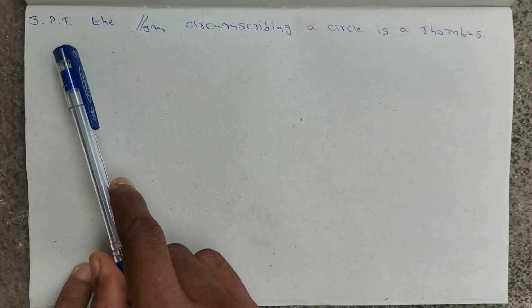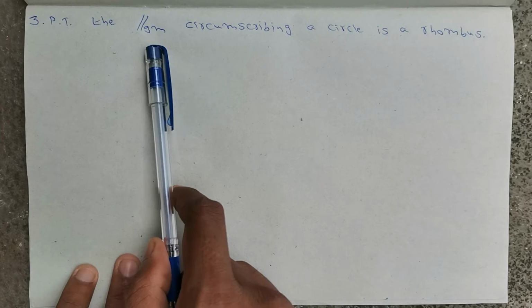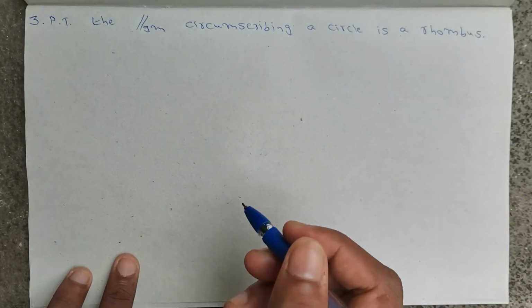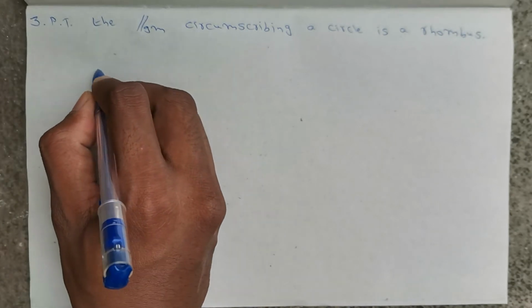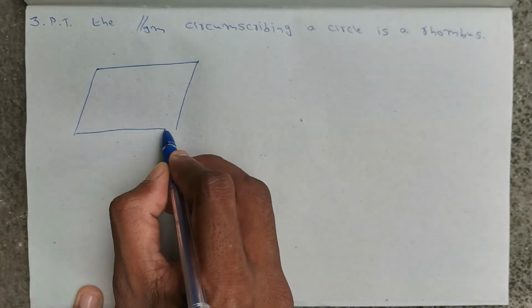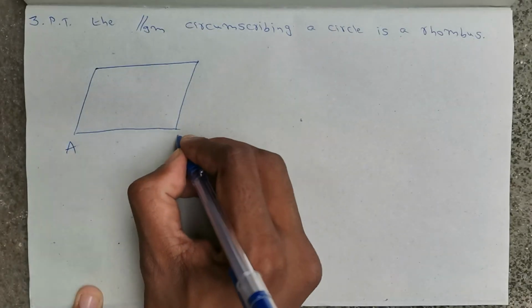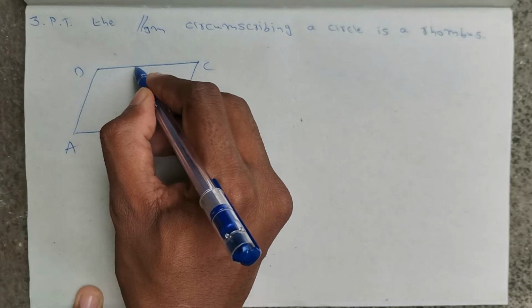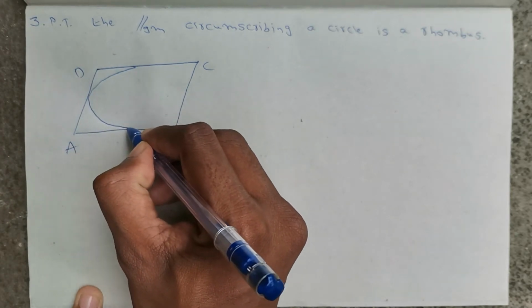Next, question number 3 is, prove that the parallelogram circumscribing a circle is a rhombus. We have a parallelogram, named ABCD, and inside of this parallelogram, we have a circle which touches all the 4 sides.